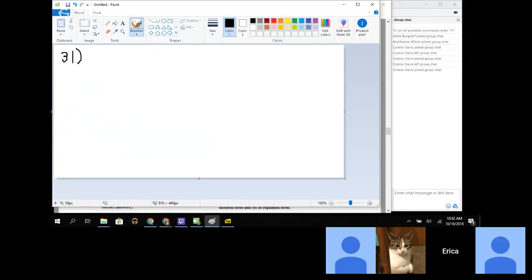Okay, so number 31 is the most complex we're going to get. And you only have one of these that's a cube function. So f of x equals 2x cubed minus 3x squared plus 8x plus 12.